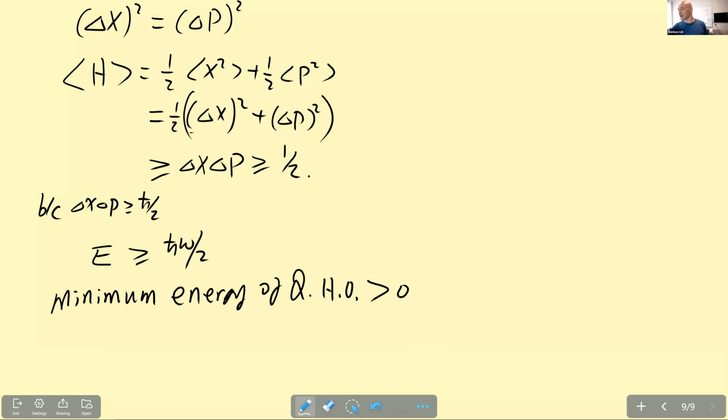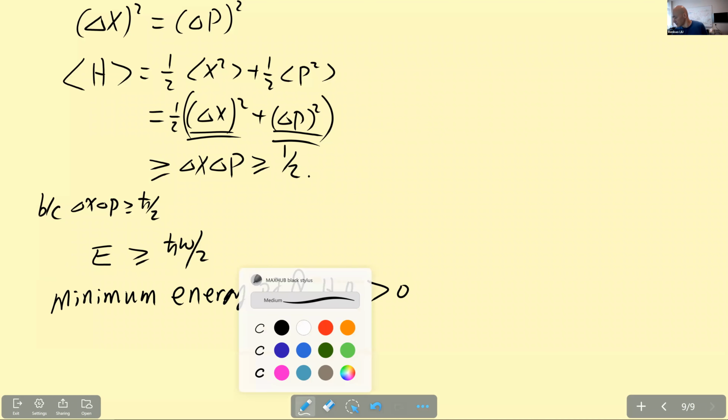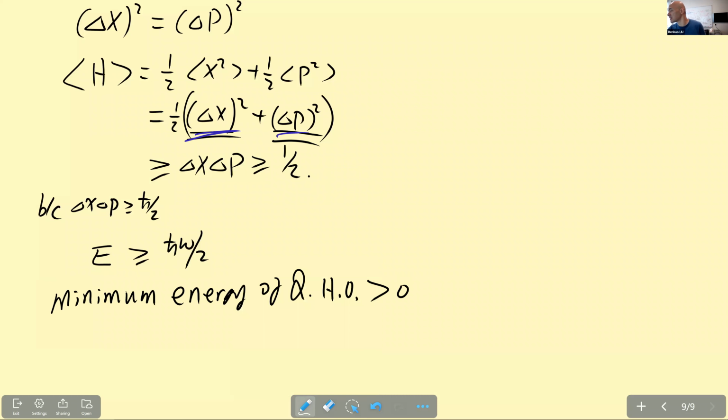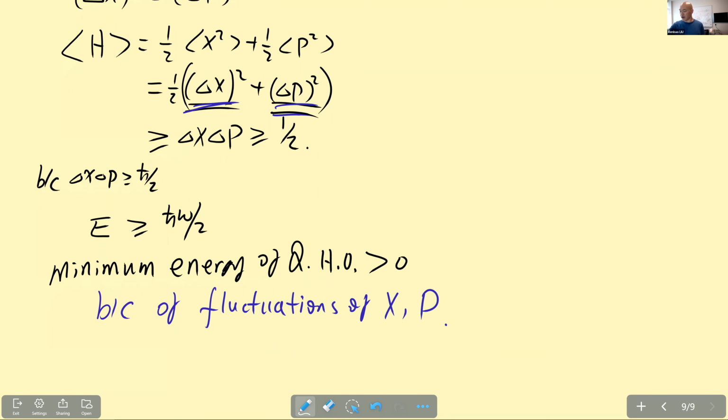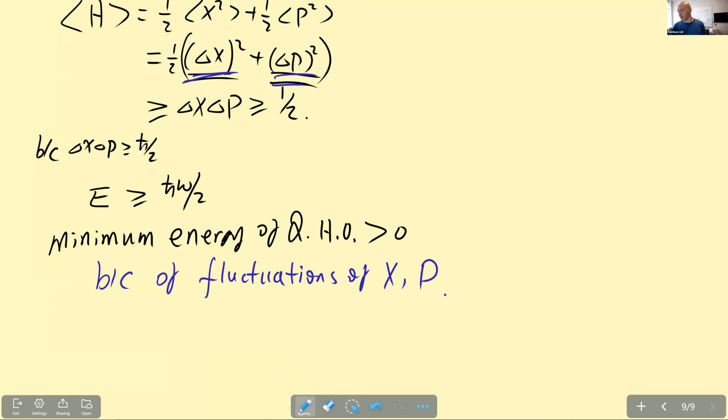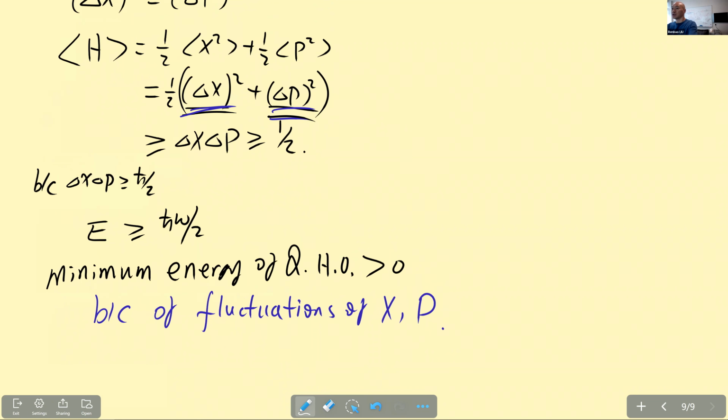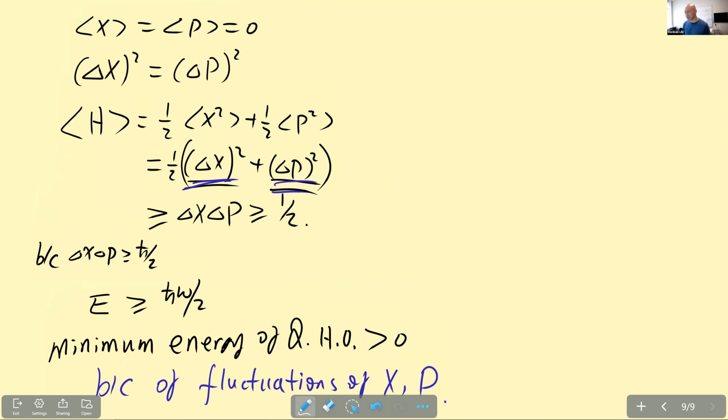And the reason is because of the fluctuations of x and p. So this is a very important physical observation. The fluctuations of physical quantities actually make this energy non-zero.